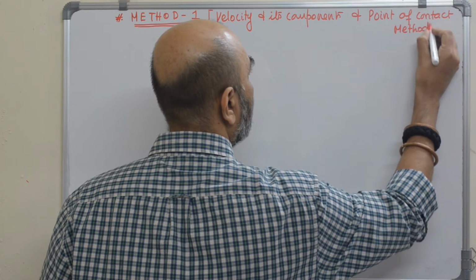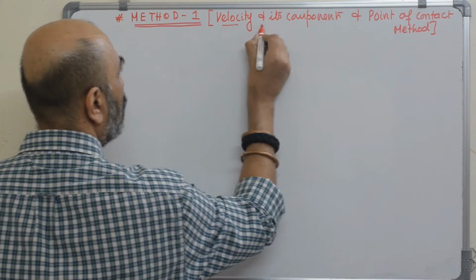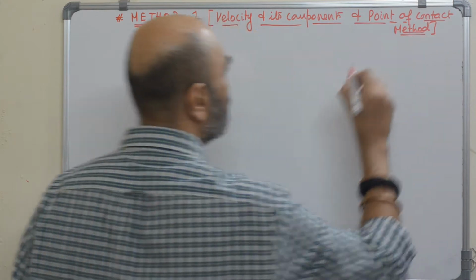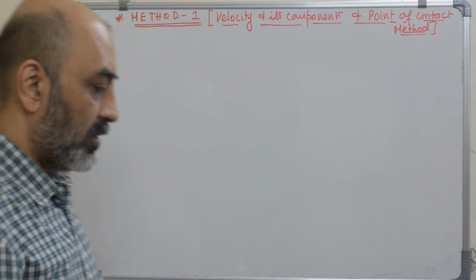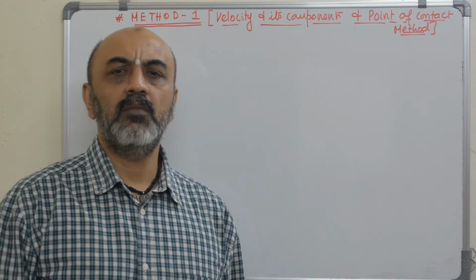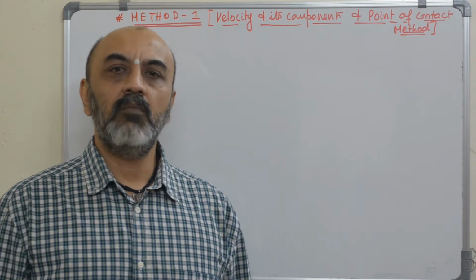So method 1 involves two such methods: one is velocity and its components and the other is the point of contact method. We will see what we are doing.